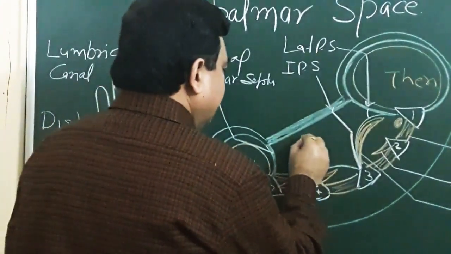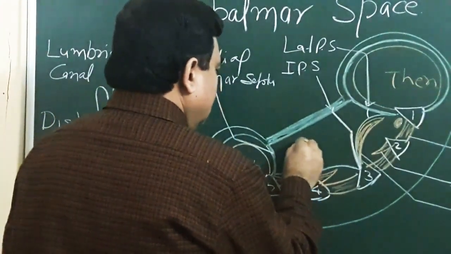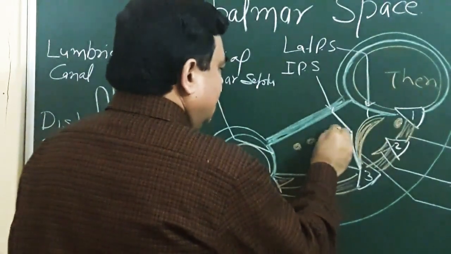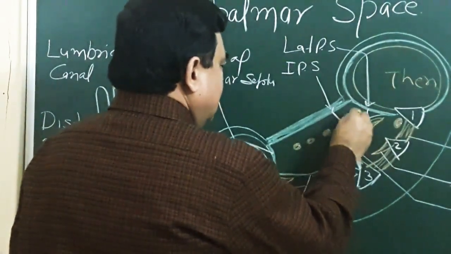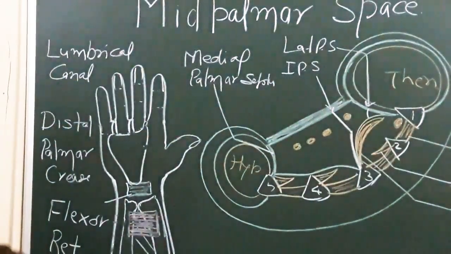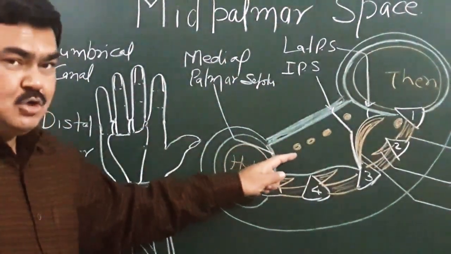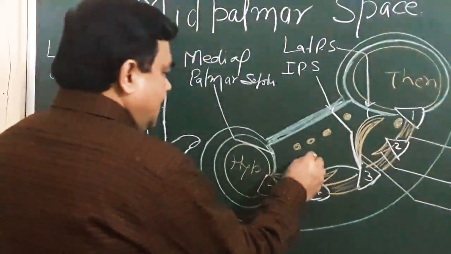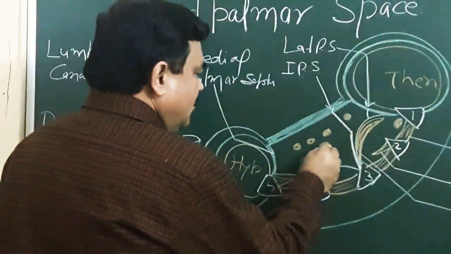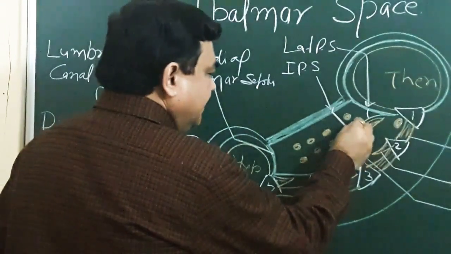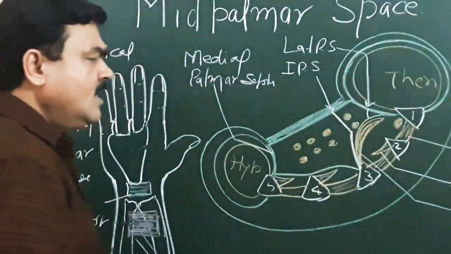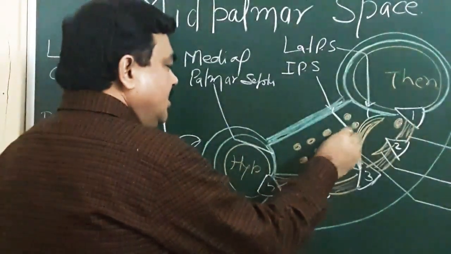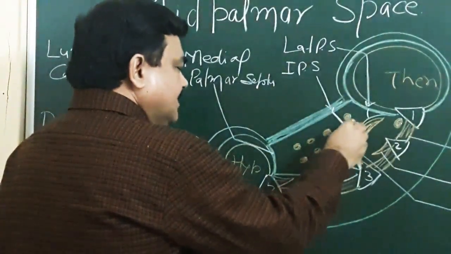Here these are the flexor digitorum superficialis tendons. Here are the flexor digitorum profundus tendons, which give origin to the lumbrical muscles.